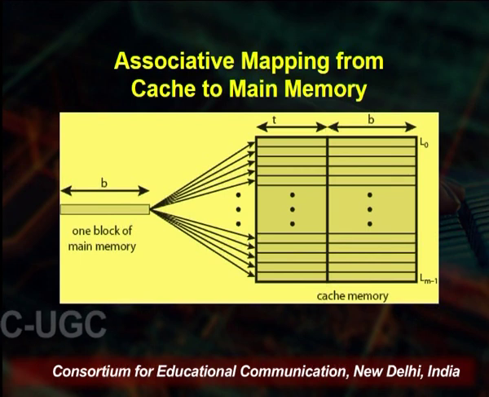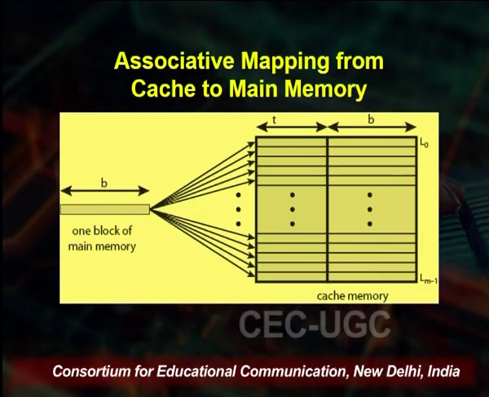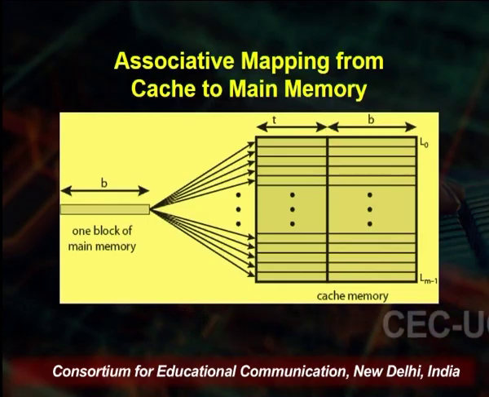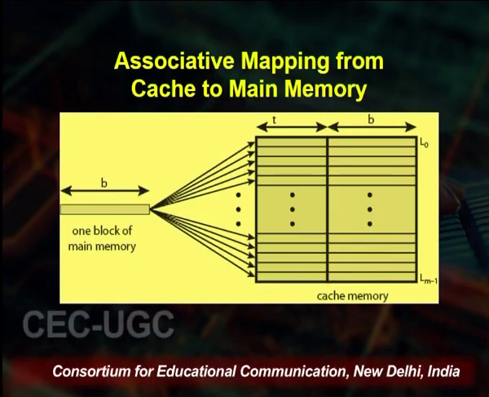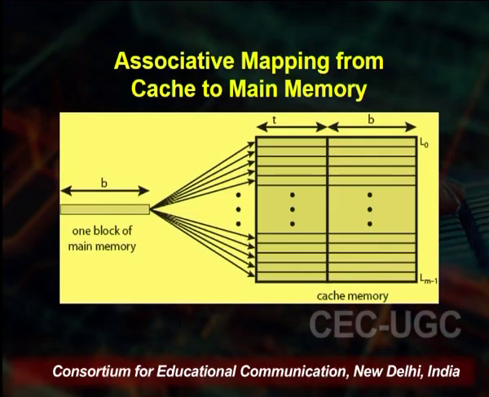However, with the advantage of any free block being available, it can go and save itself, whereas when we are searching for it, instead of going to that one single line, we now need to look at the tags for the entire cache memory where this one block of main memory could have been saved. So it definitely takes longer compared to direct mapping.